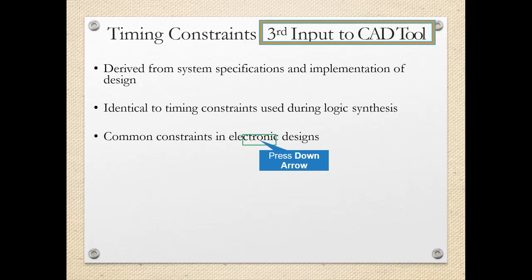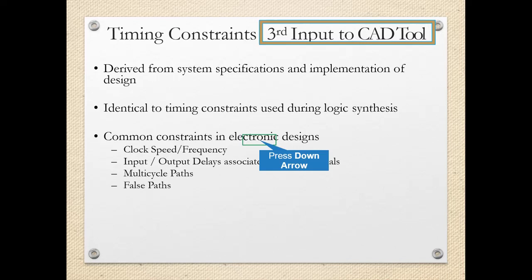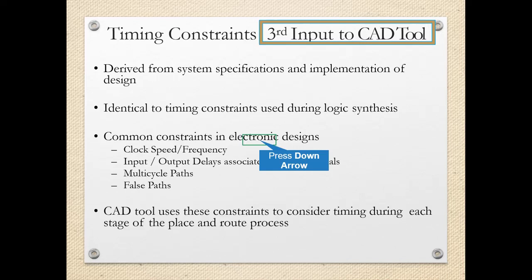Common constraints in electronic design are clock speed or frequency, input output delays associated with IO signals, the multi-cycle path and the false path. So we have to feed all information regarding the timing constraints that we want. The CAD tool uses these constraints to consider the timing during each stage of the place and route process.